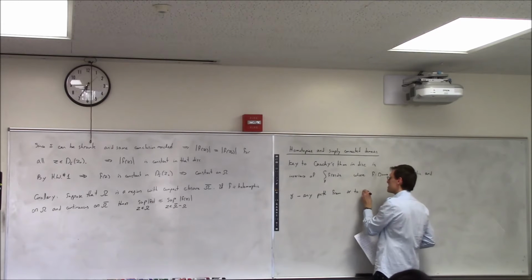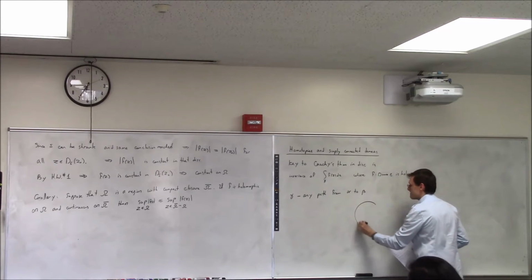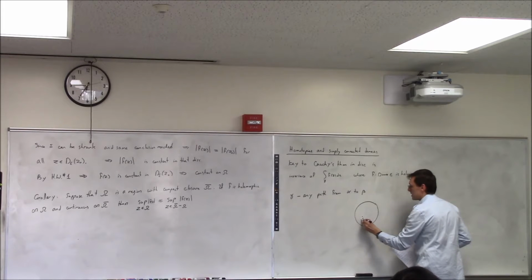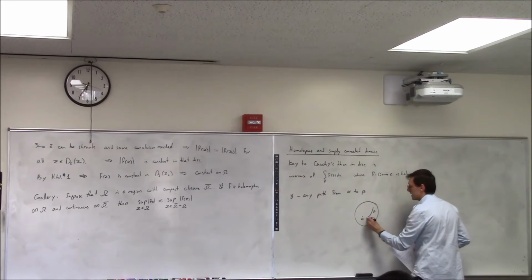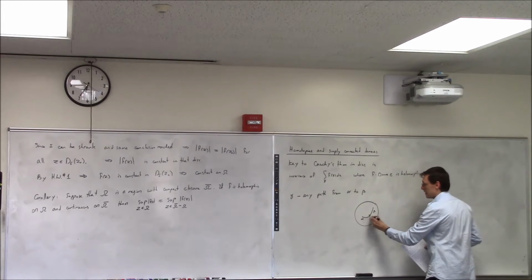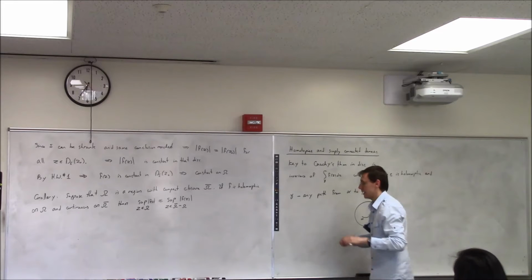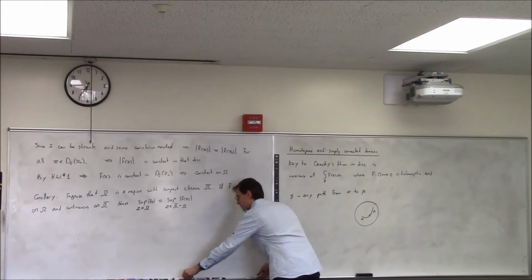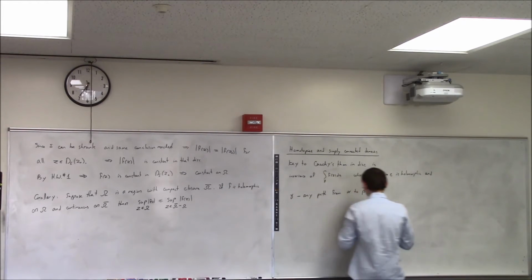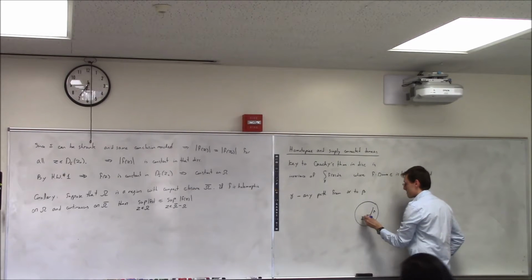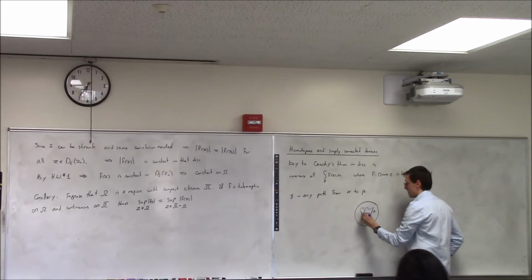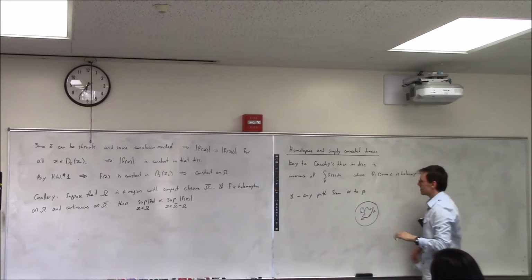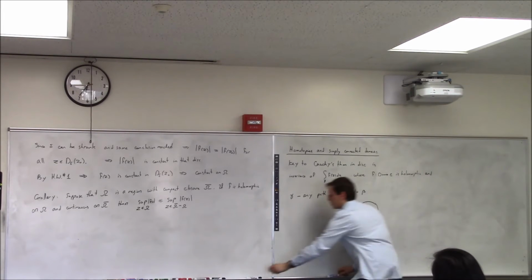So again, if you draw a picture, here is the disk. If I fix alpha and I fix beta, I can take the integral along this path, or I can take the integral along this path. Right, so it would not matter.